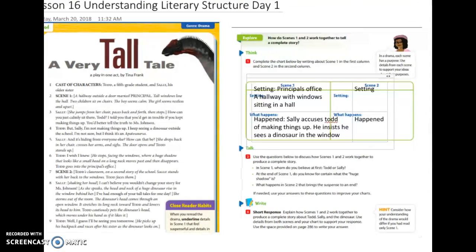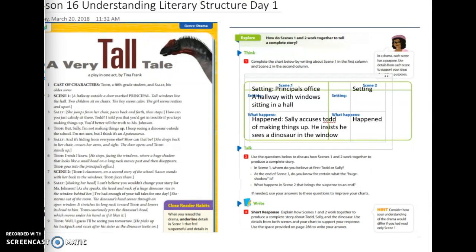Next, we're going to go ahead and finish scene 2. Scene 2 is no longer taking place in the principal's office. So with your group, I'd like you to take a minute and find where Scene 2 is taking place. Okay, so in Scene 2, this takes place in the second story classroom.